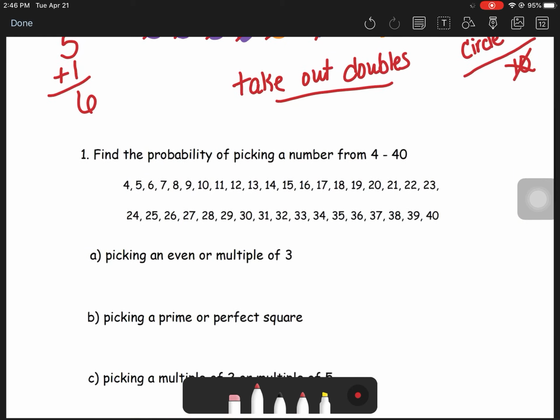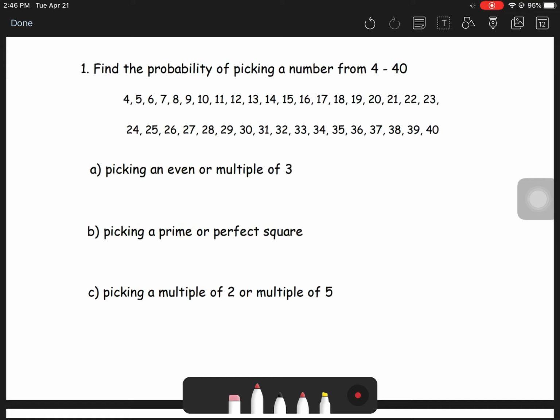So let's take a look at our first example. Find the probability of picking a number from 4 to 40. Well, first of all, we have to count the total amount of numbers that we have. And so we can count them one at a time. Or another trick to remember is I can subtract 40 minus 4 is 36, but there's always one more because when we subtract, we're excluding one of the end points.